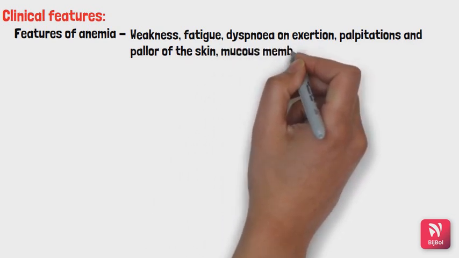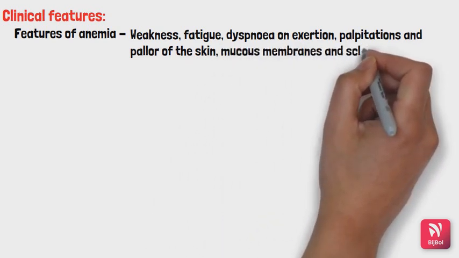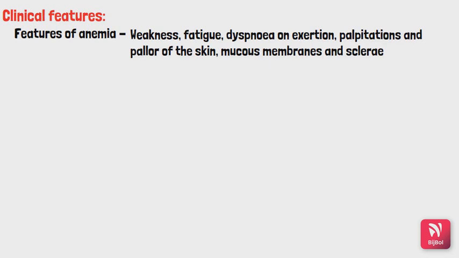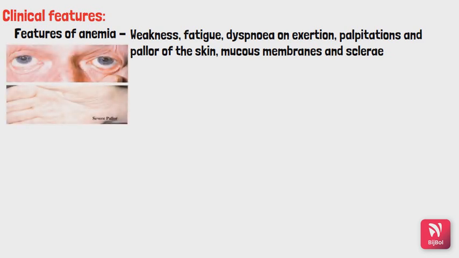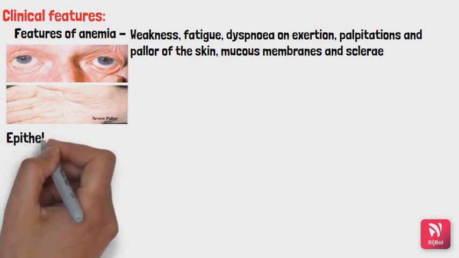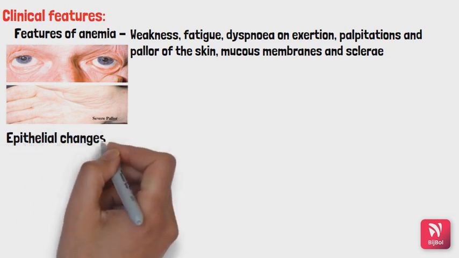That is, there will be paleness in these areas. Whenever you visit a doctor with features of anemia, they will see the tongue and the eyes. Why? Because they are checking for pallor. As you can see in the picture, usually the conjunctiva will be red in color because of high vascularity, but here the person is exhibiting pallor. So these are features of anemia.